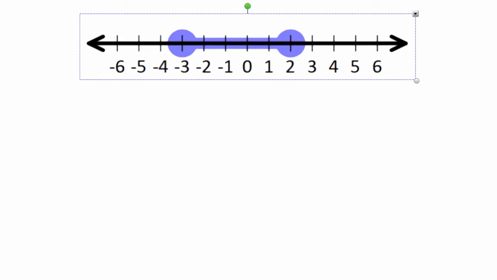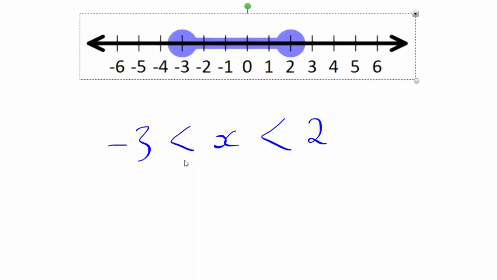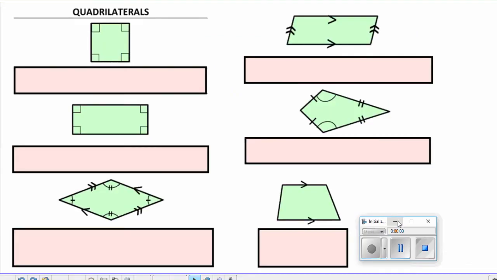Okay, -3, x, and 2. If you look at all the examples, the arrows are always pointing to the left, so that might be a little trick for us there. Both these are filled in, so we can put the lines underneath. x is greater than or equal to -3, but less than or equal to 2, inclusive.